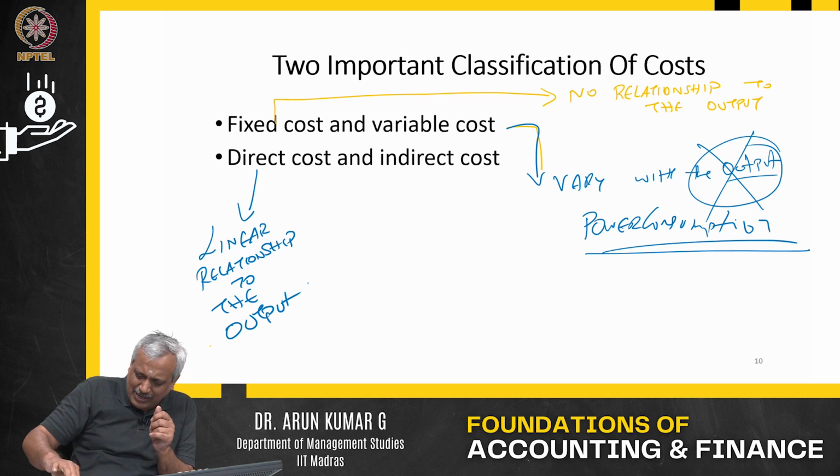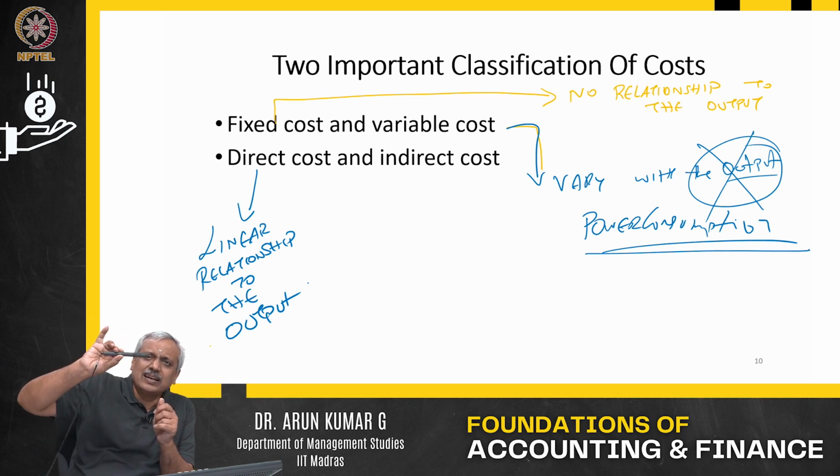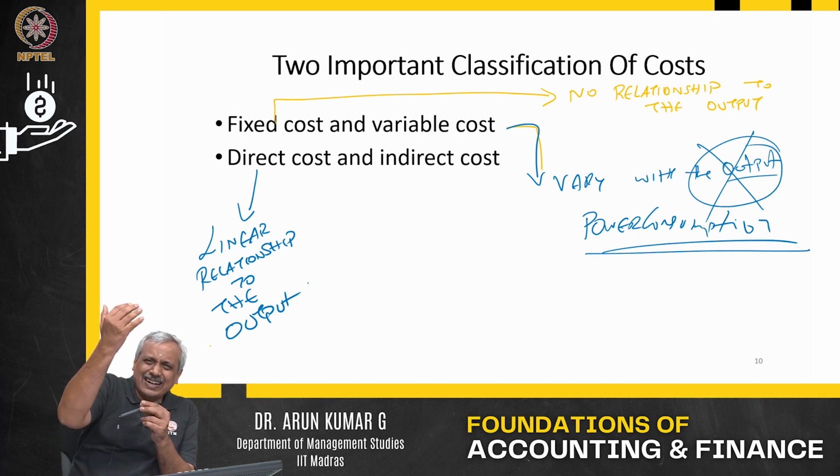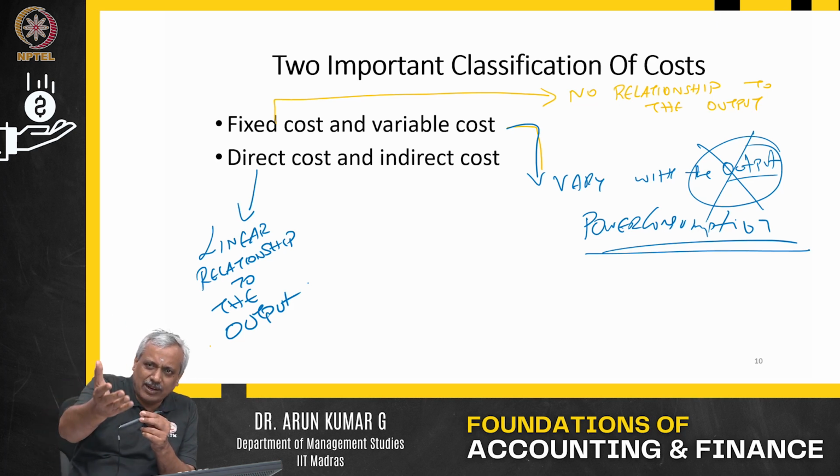For example, to manufacture this pen, let us say I need 5 granules of plastic, and each granule of plastic costs about 10 rupees. If I buy 50 granules of plastic, 50 divided by 5, that is 10 pens I can manufacture. I buy 100 granules, 100 divided by 5 is what I can manufacture.